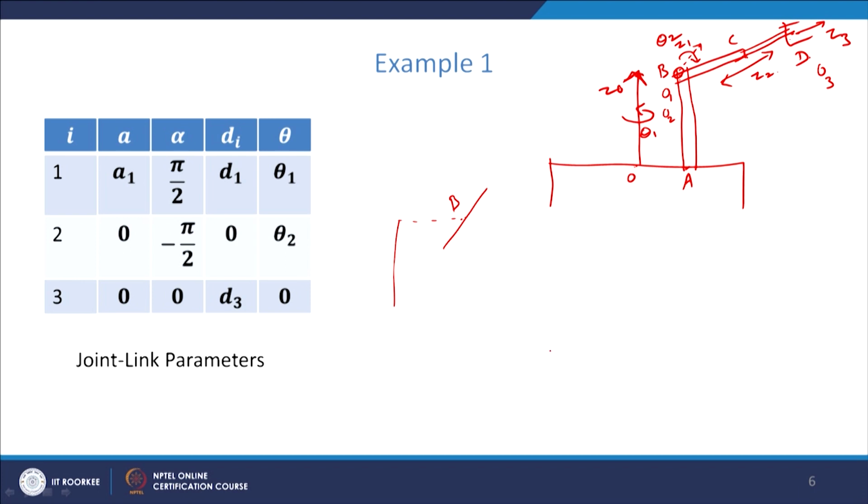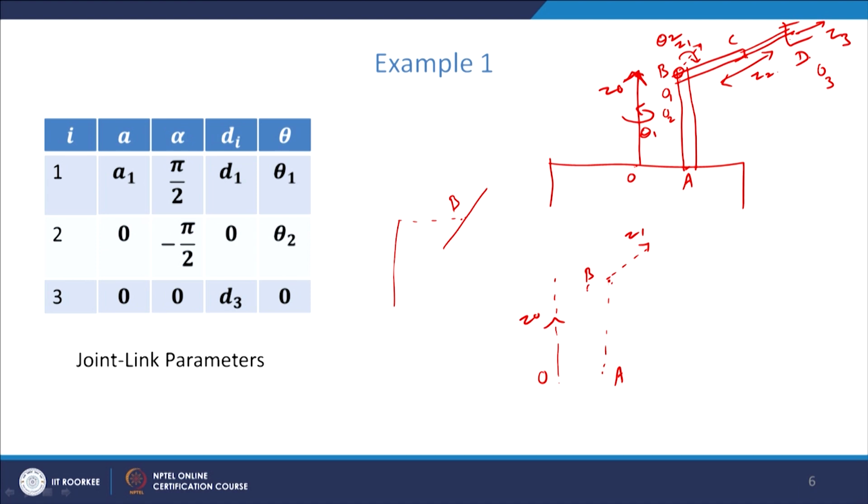So, what we can do here is the base coordinate frame, it is O, Z0 is here, and then A, the point B is this distance, the perpendicular direction is Z1.